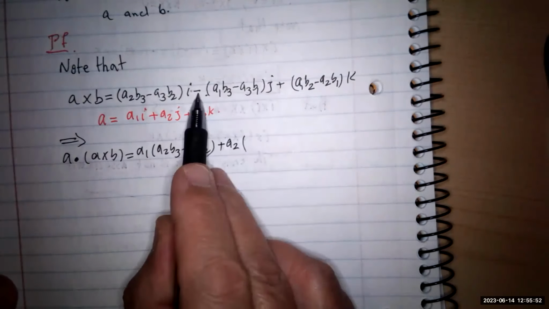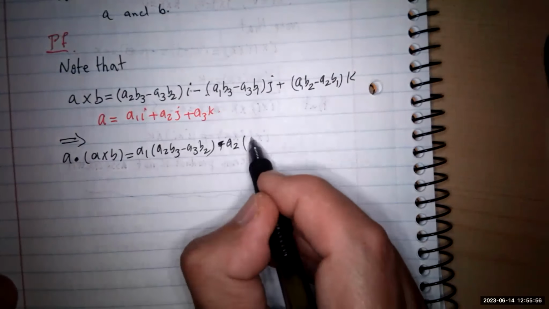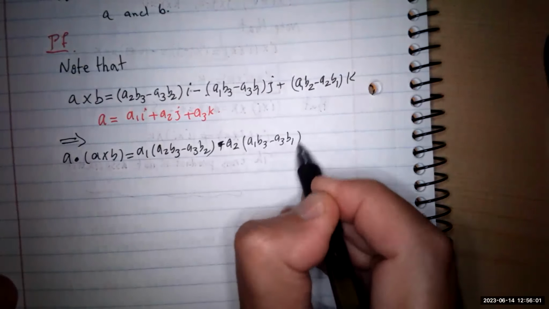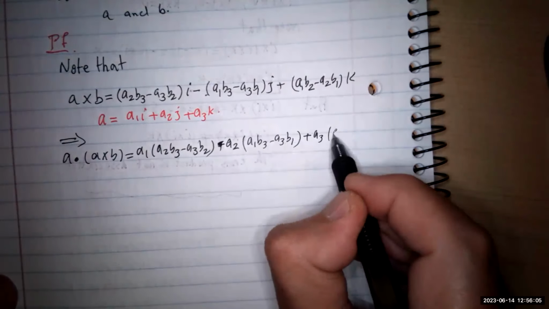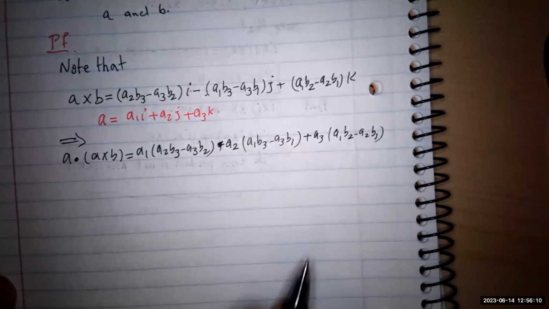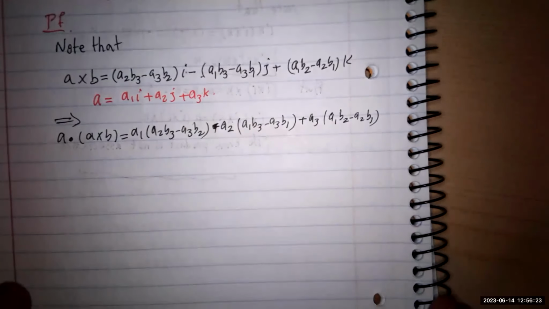There is a negative sign here, so that makes it negative, and that would be A1 B3 minus A3 B1. And the A3 times (A1 B2 minus A2 B1). If you multiply them together, everything will cancel out, and that gives you 0 right away. You see, I showed you how they cancel out.